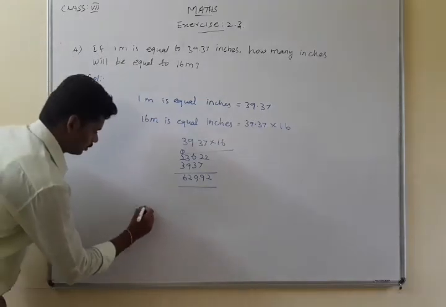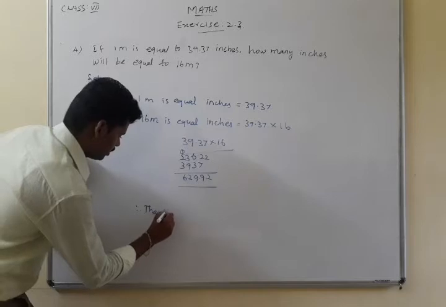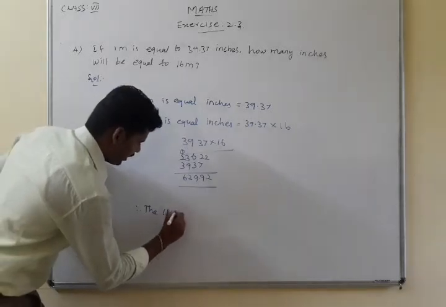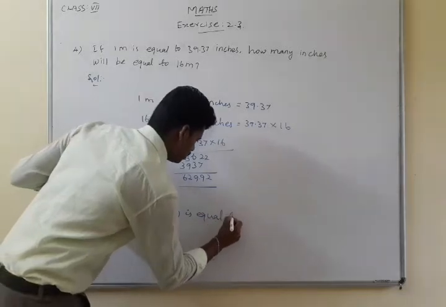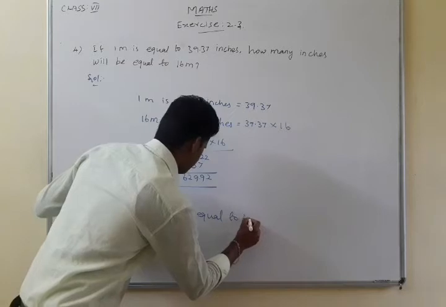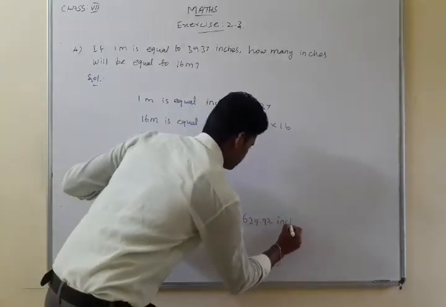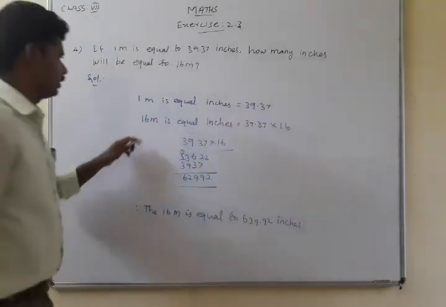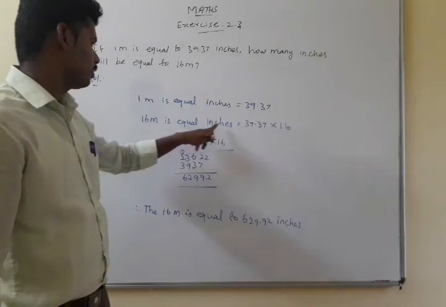Therefore, 16 meters is equal to how many inches? 629.92 inches. Here 1 meter is equal to 39.37 inches, and 16 meters equal inches.